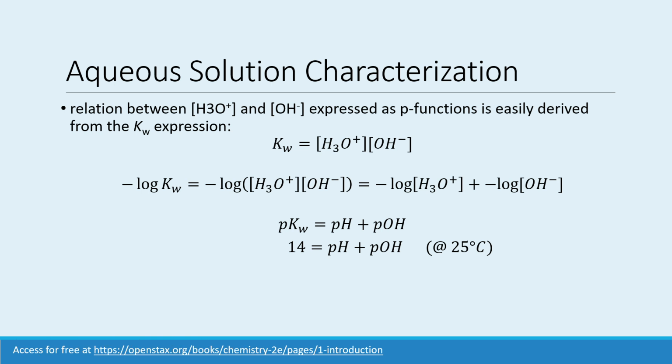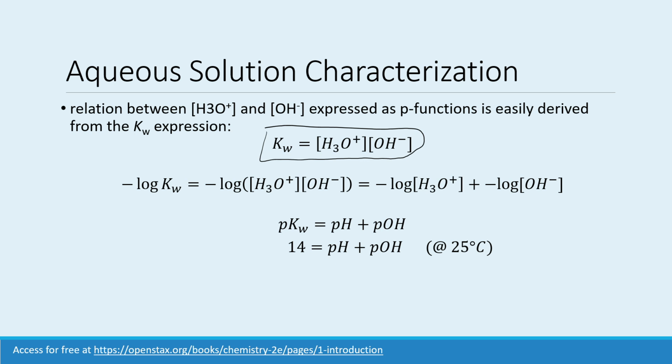So the relationship we've already seen between the hydronium and hydroxide ion concentration in terms of Kw, right? Kw equals the hydronium times the hydroxide ion concentration. We can manipulate this to use our p values, our pH and our pOH.